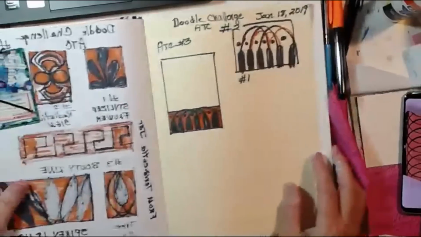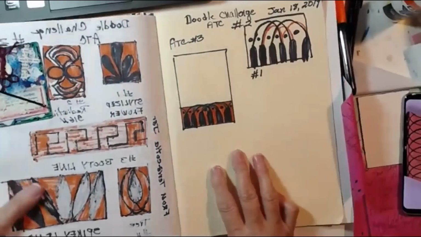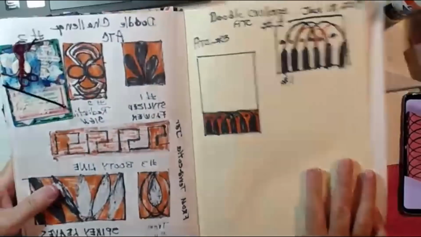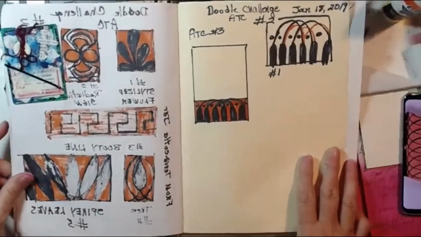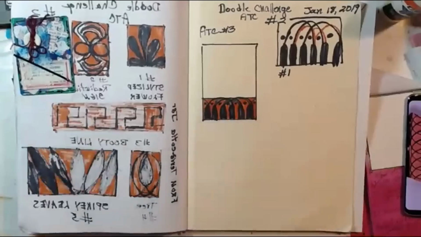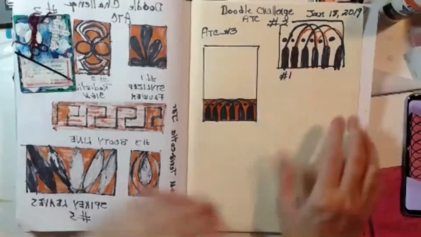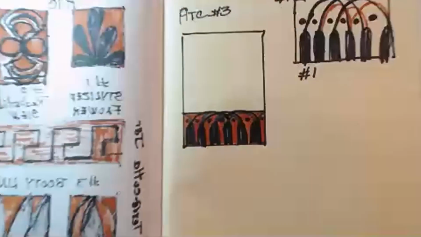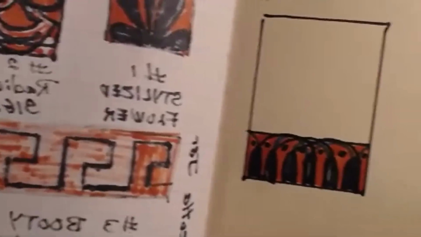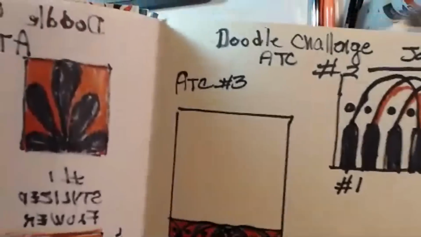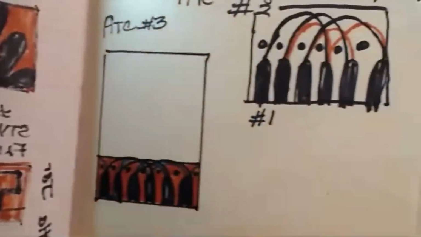I hate to zoom in too much because then I need to adjust my desk. Let me hold this up so you can actually see my arched piece there. And of course, I got to get used to it being backwards there.